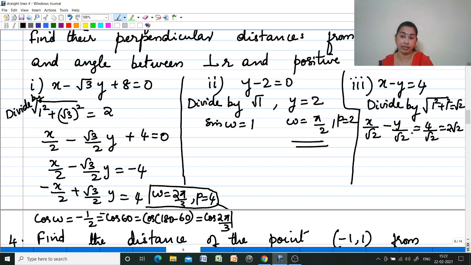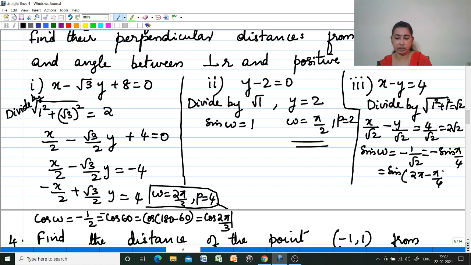So we should get here cos omega and here y sin omega. Sin omega is minus 1 by root 2. So sin omega is equal to minus 1 by root 2 means it is minus sin 45 or minus sin pi by 4. And in order to get minus sin pi by 4, it is 2 pi minus pi by 4, because both the conditions should be satisfied.